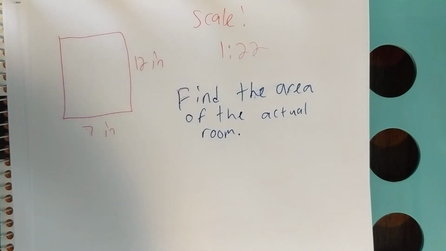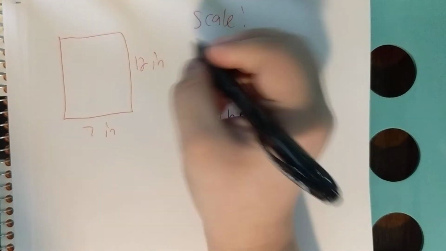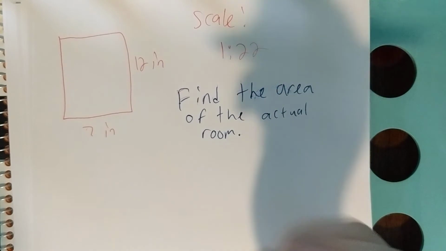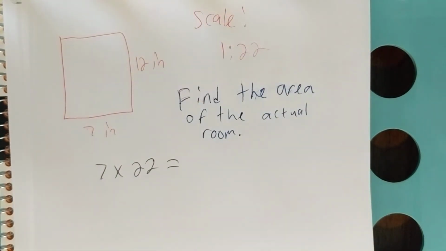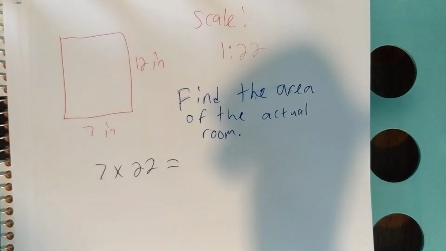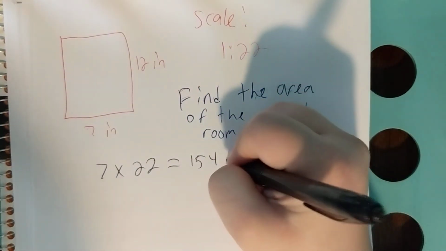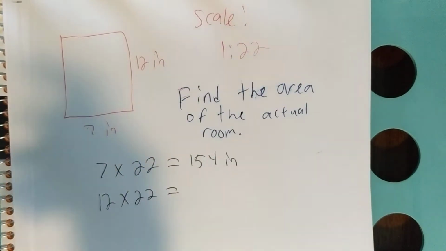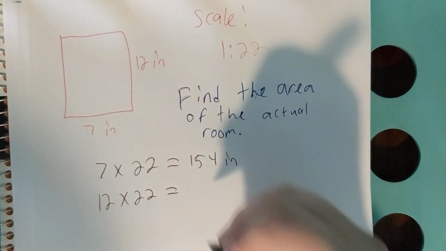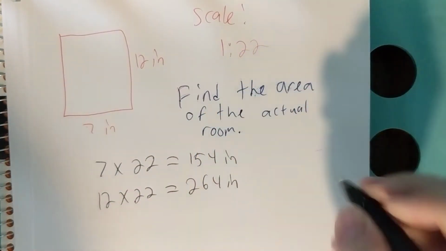So the first thing I'm going to do is multiply each of my sides by the scale. So 7 times 22 is 154 inches, and 12 times 22 is 264 inches.